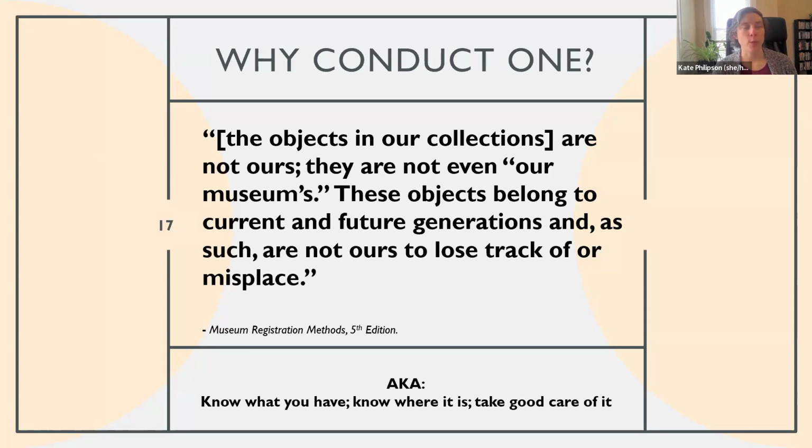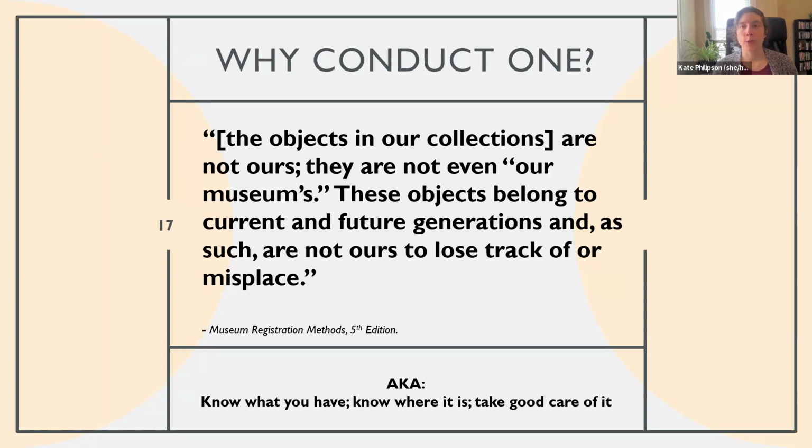They are not even our museums or our archives. These objects belong to current and future generations, and as such, are not ours to lose track of or misplace. So that comes from the Museum Registration Methods, 5th edition.